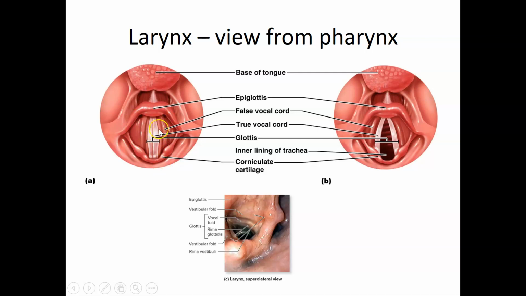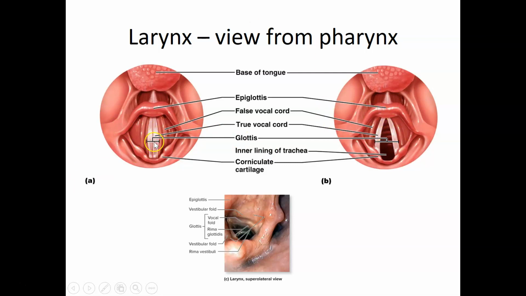This would be the air passageway. Here the passageway is open, here it's closed. So the arytenoid cartilage is attached to these white true vocal folds or vocal cords. And these true vocal cords are attached to a mucous membrane called the false vocal cords.